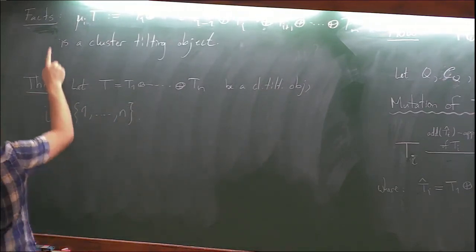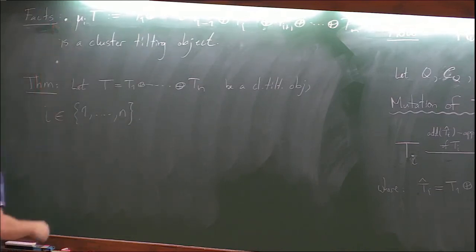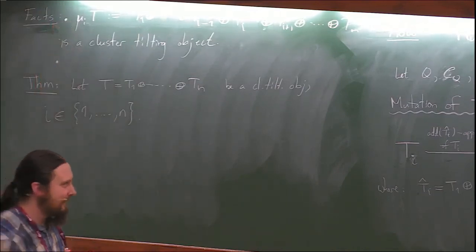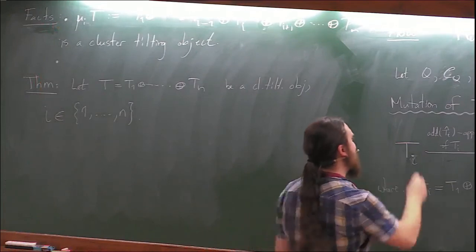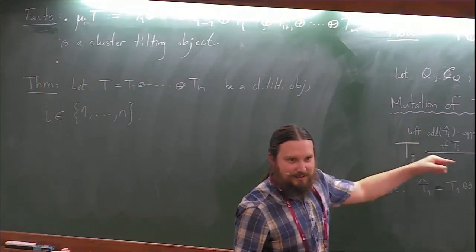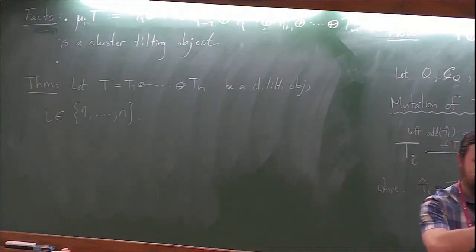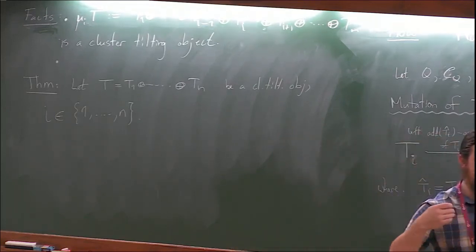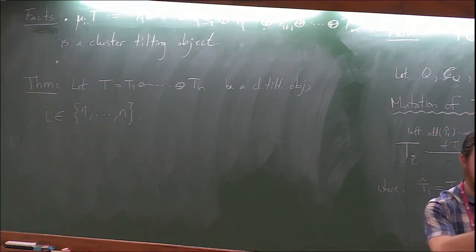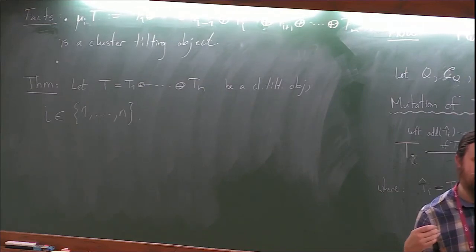Oh, I've written facts here because I wanted to state 2 and I've only stated 1. Here I took a left approximation and I took its cone. I could do the same in the other direction. Yes, I could take a right approximation and take sigma minus 1 of the cone or the cylinder.